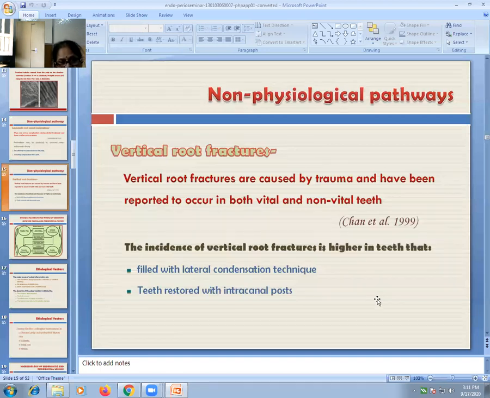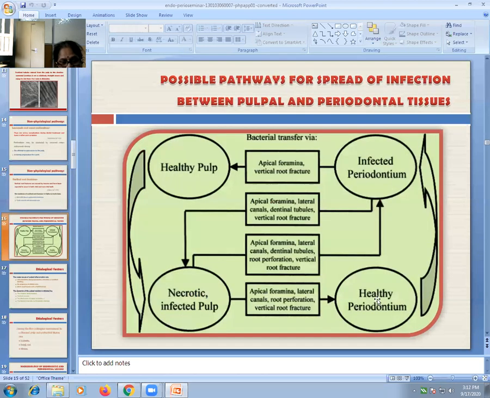It can happen in both ways, in either a vital or non-vital tooth. As for the incidence, it occurs whenever teeth are filled with the lateral condensation technique or restored with an intracanal post.